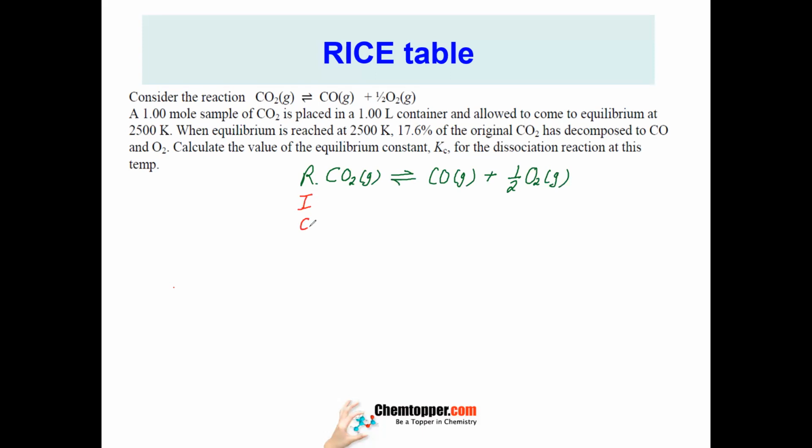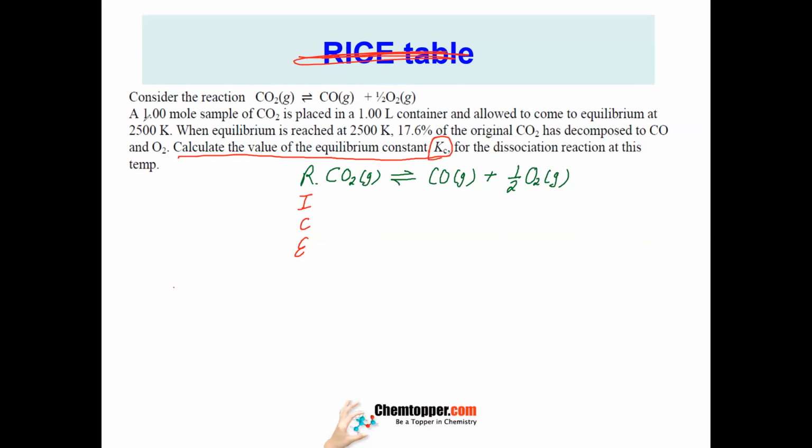Initial, change, equilibrium. How will I come to know that I have to make a RICE table? The question is telling you. Right now, I'm doing RICE table questions, so I know that we have to write the RICE. Otherwise, you read the question. See, they're asking you to calculate the value of Kc.